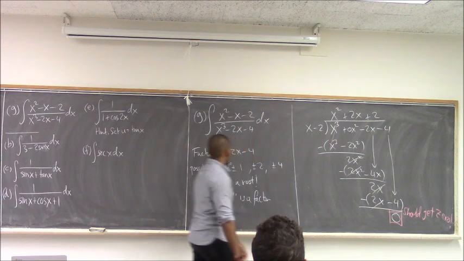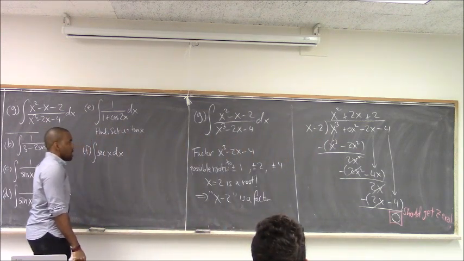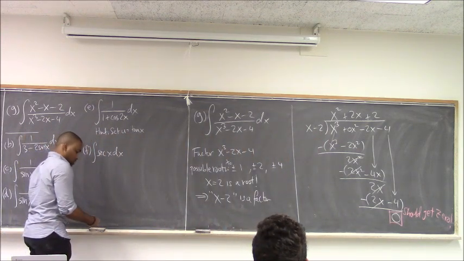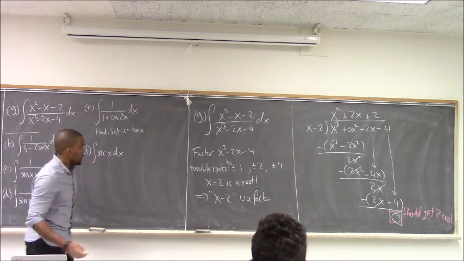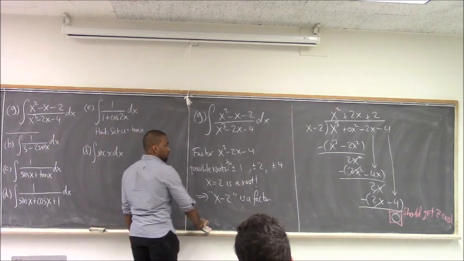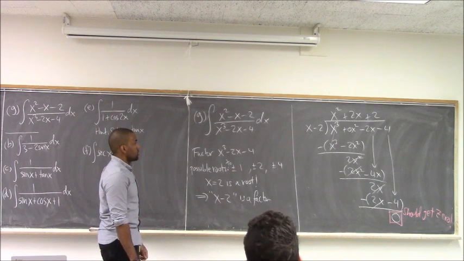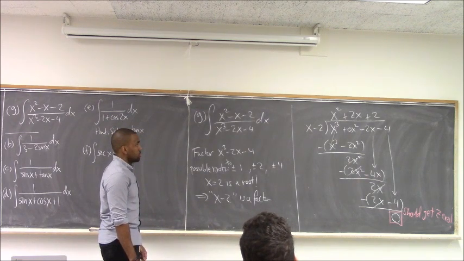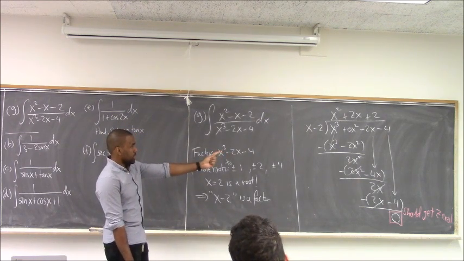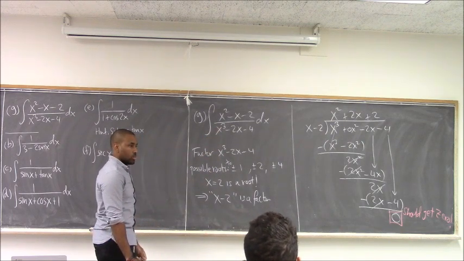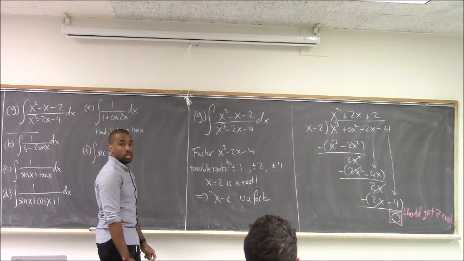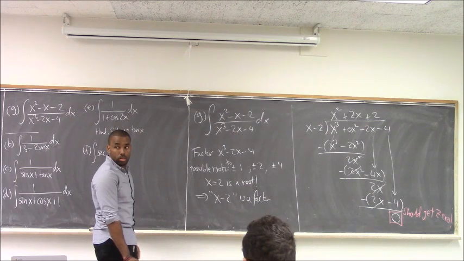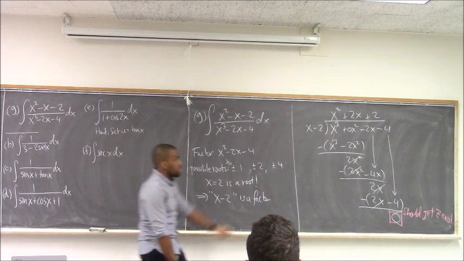And what does that actually mean for our integral? How do I apply that here? What does it mean that when I divide that by x minus 2, I get that? Would that make that whole thing another factor? This is the other factor.